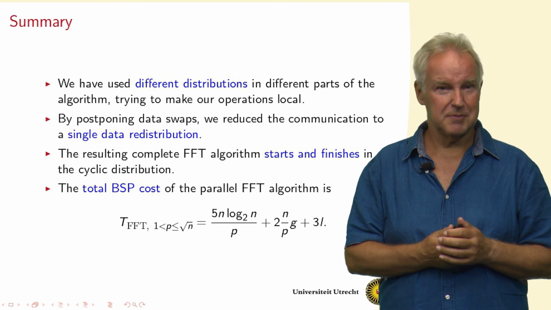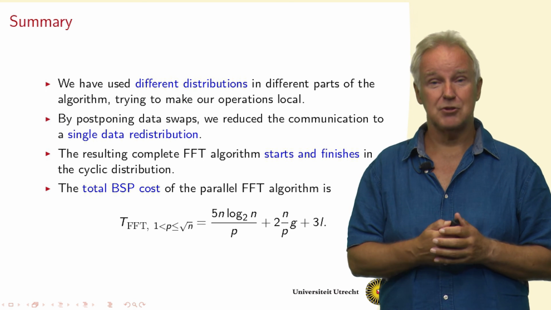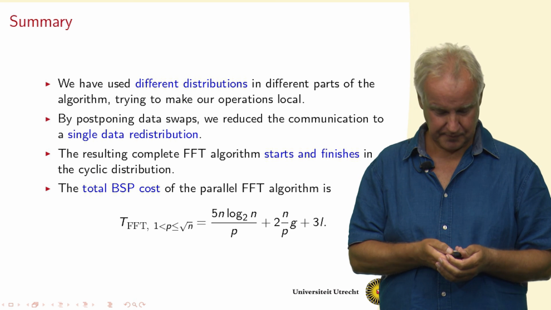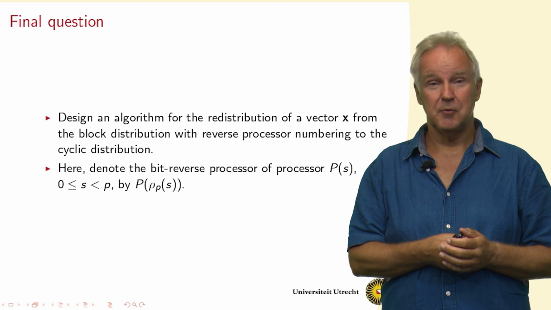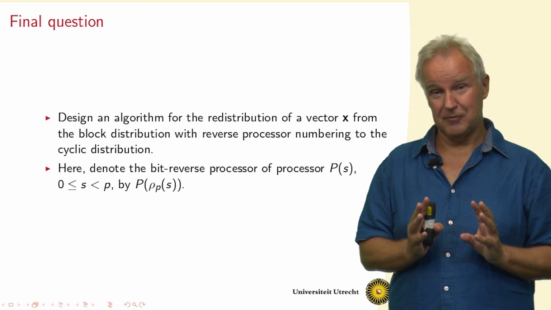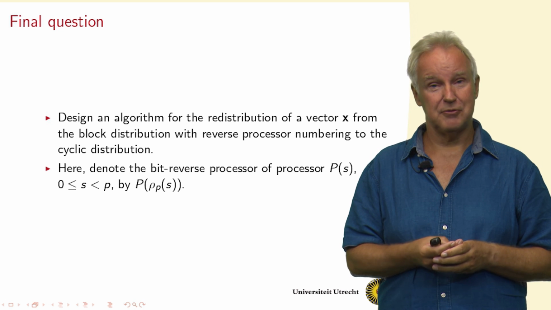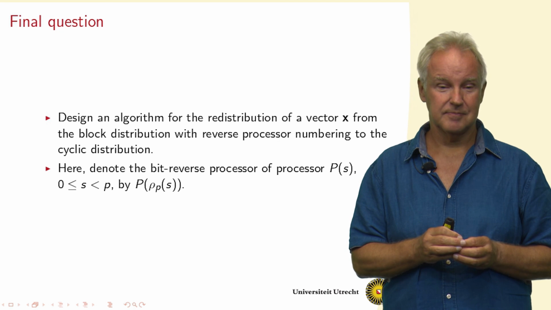Now the total BSP cost of the algorithm is 5n log n divided by p, plus 2n divided by p times g, plus 3l. A final question to you. We didn't formulate the algorithm yet for the redistribution from block to cyclic. Can you do that?